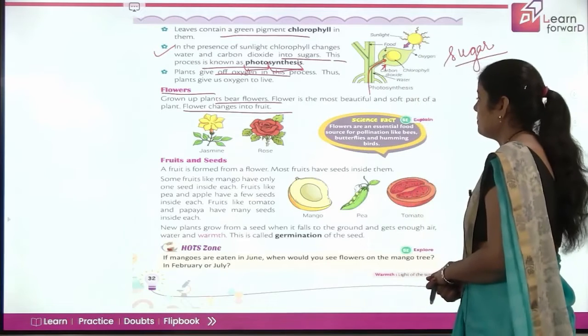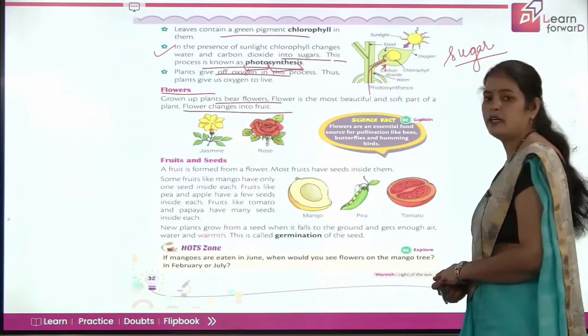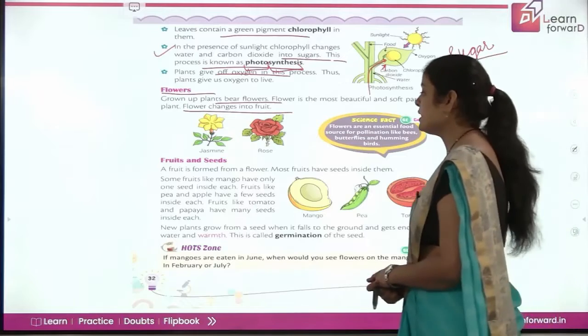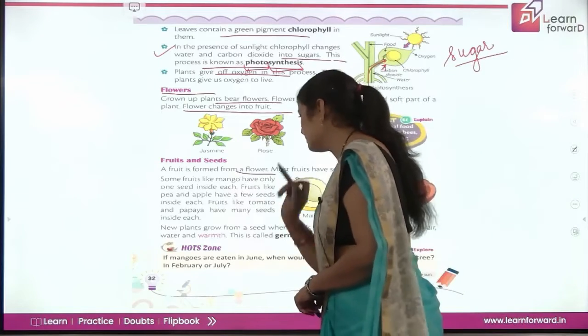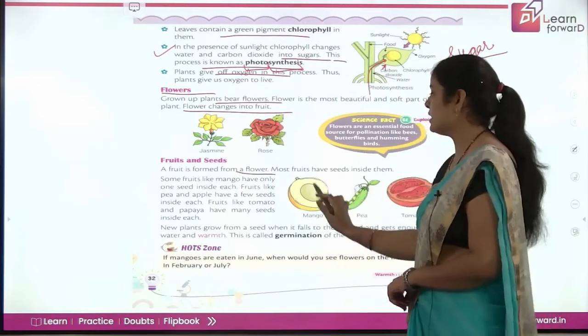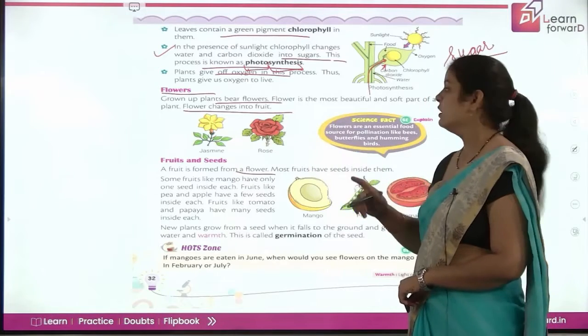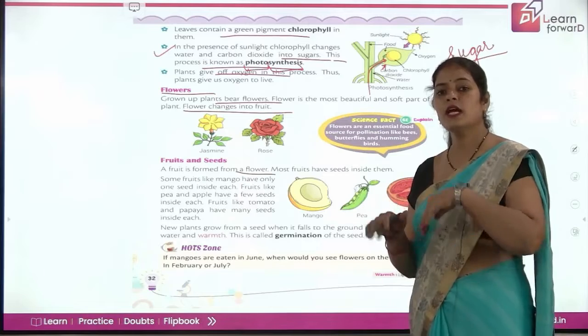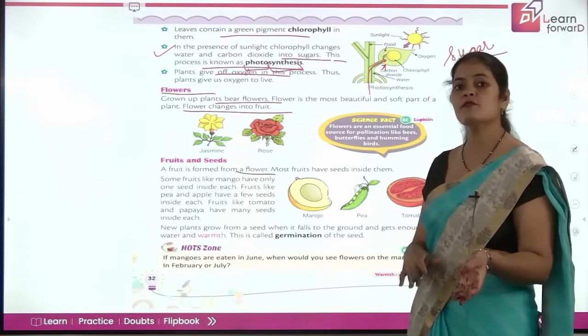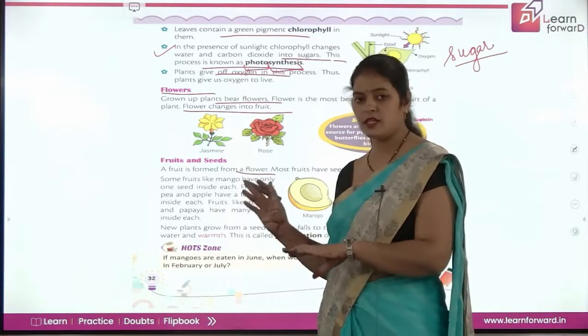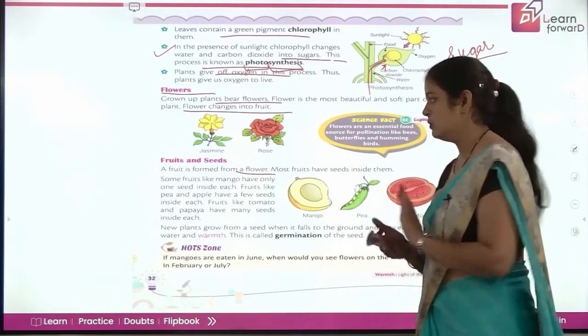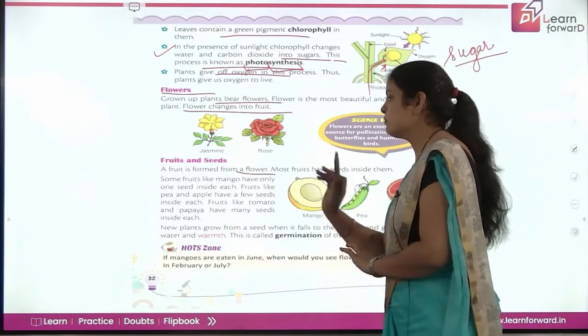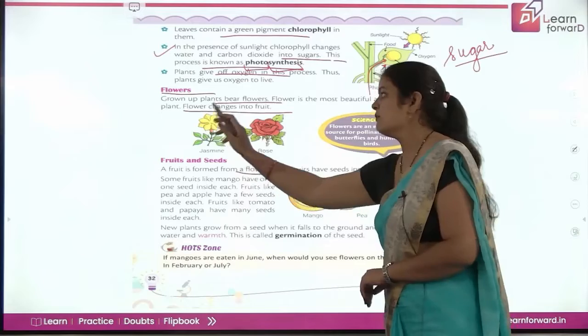Now next, fruits and seeds. A fruit is formed from a flower. Always a fruit is formed from a flower. We are not saying that all plants have edible fruits, but whatever is formed after the flower is called the fruit of that plant. So the flower changes into a fruit.